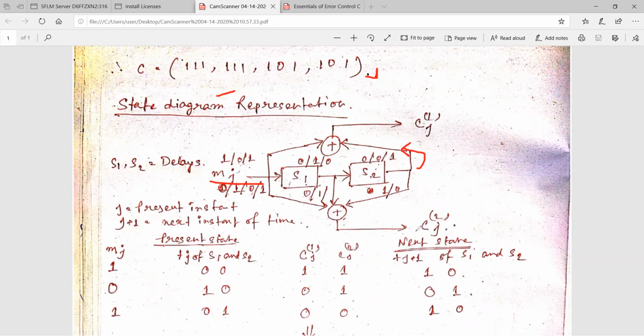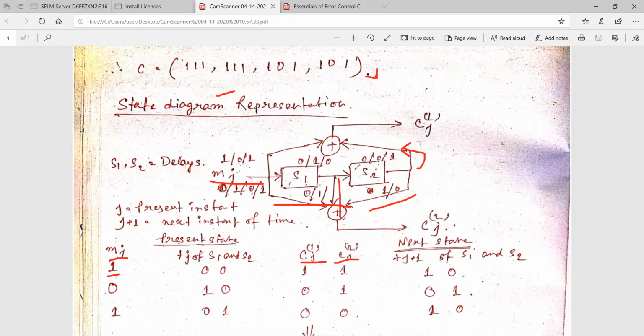And C2J is MJ, S1 and S2, these three components going to the XOR addition, and we get C2J. In this way we can generate C1J and C2J in this table. So when MJ equals 1, and the present state, assuming S1 and S2 in the reset mode, is 0, 0.